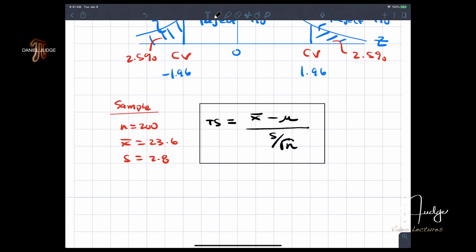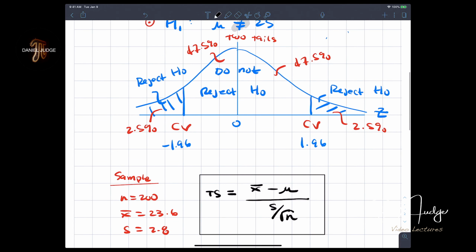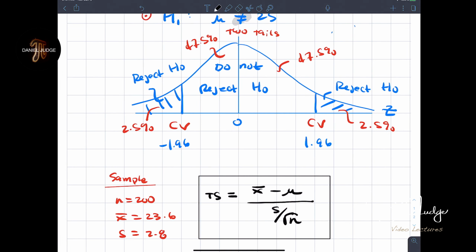This is what you use to determine where your test statistic value lives in this decision rule. All you have to do now is plug things in, but you have to know what you're looking at.